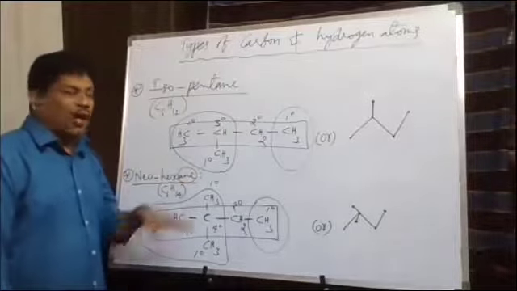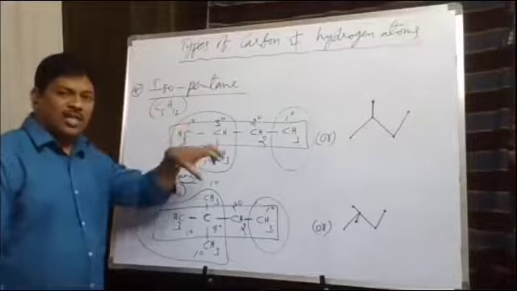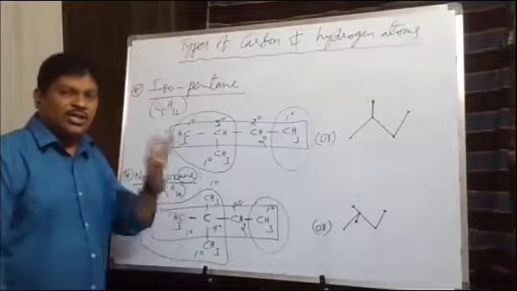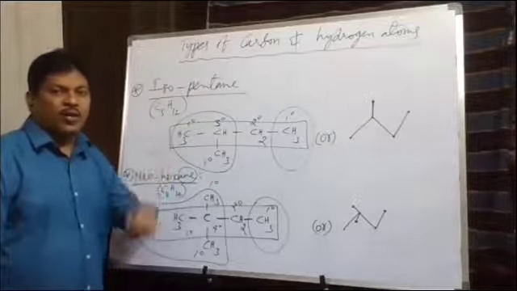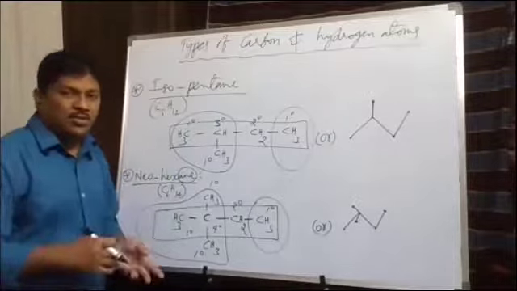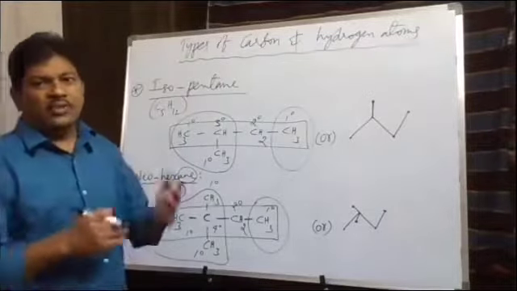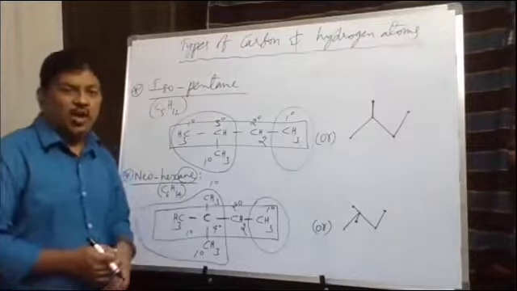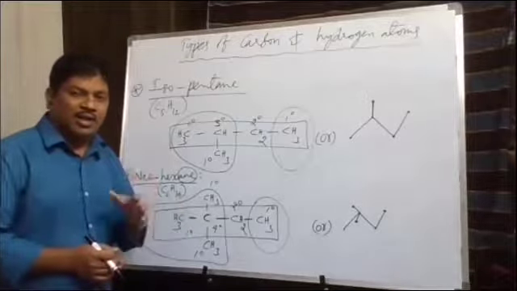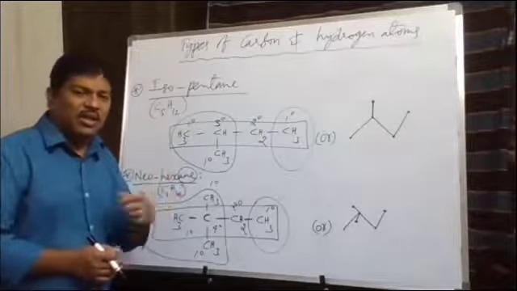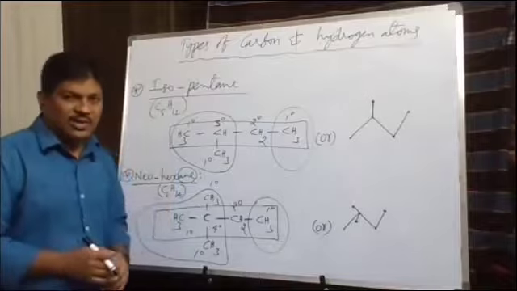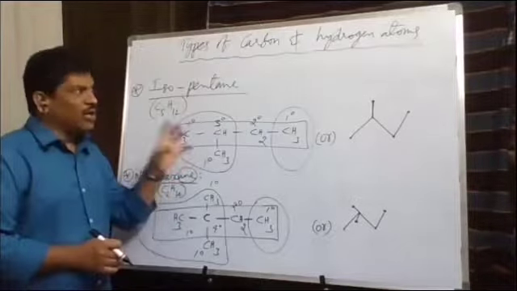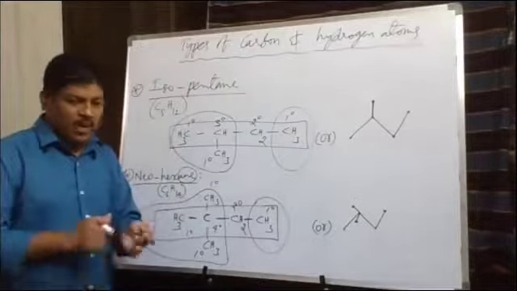So in this way, sometimes they will ask you to find out how many hydrogens of primary, secondary and tertiary type there are, and sometimes they may ask which types of carbon atoms are available in the given structure: how many primary carbons, how many secondary carbons, how many tertiary carbons, and how many quaternary carbons. So in this way, we have to identify hydrogen atoms and carbon atoms.